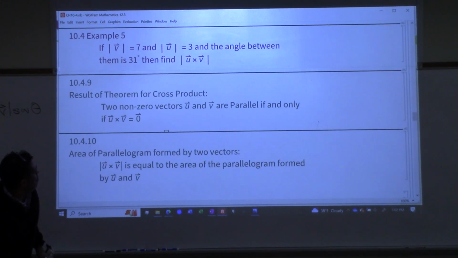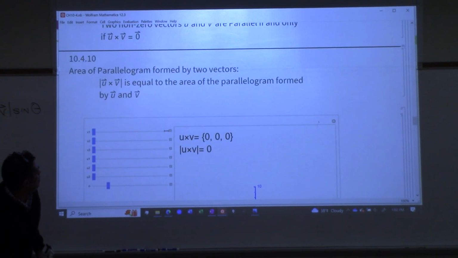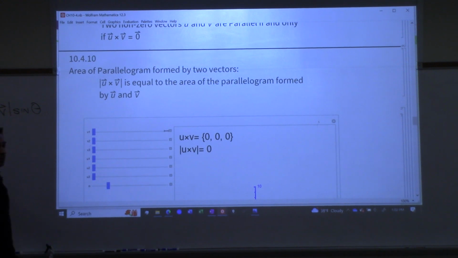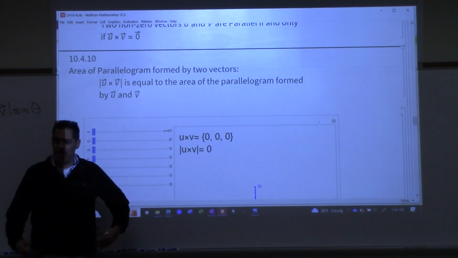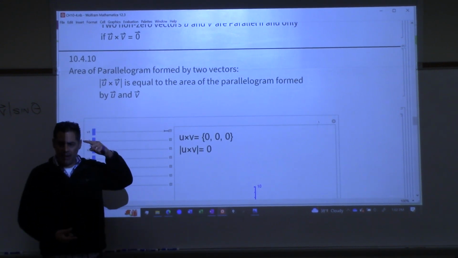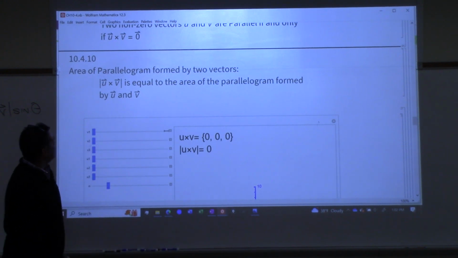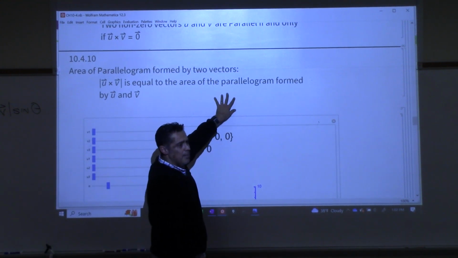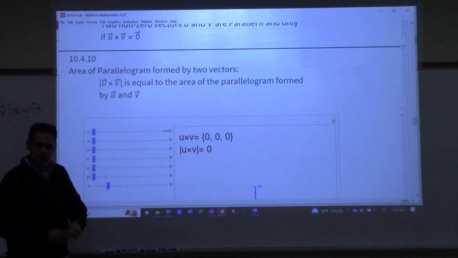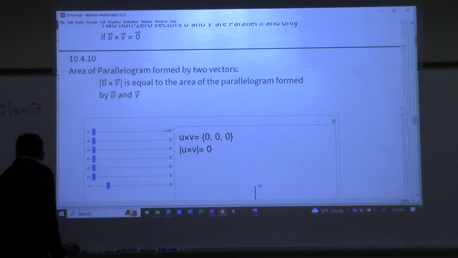The question of what this magnitude represents has a very good geometric meaning. When you cross two vectors, the length of the resulting vector turns out to be the area of the parallelogram formed by those two vectors, which is kind of an amazing thing if you think about it.